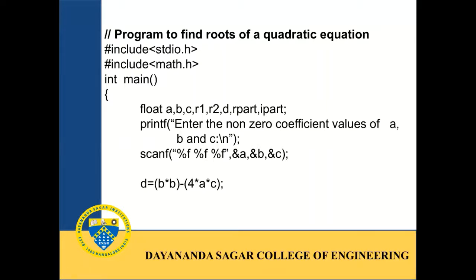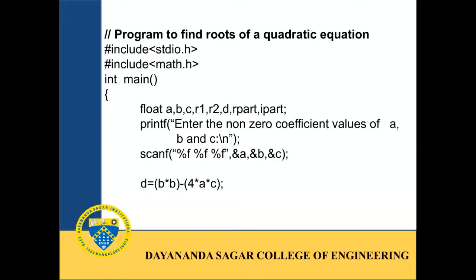Then to read those non-zero coefficient values for a, b, and c, we are using an input function, that is scanf, and we have to note that a, b, c are of the type float, so we need to use the %f format control string, and we have three values to be read, so three format control strings. Once we get the values of a, b, and c, the next thing to do is calculate the value of d, so that we will know what type of roots.